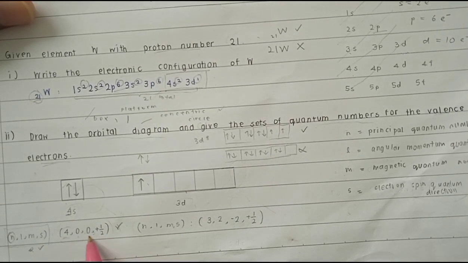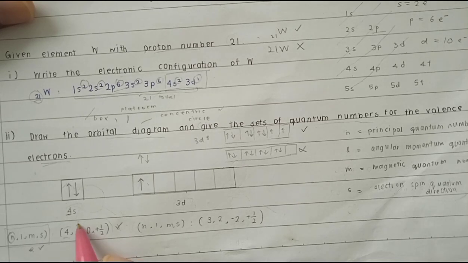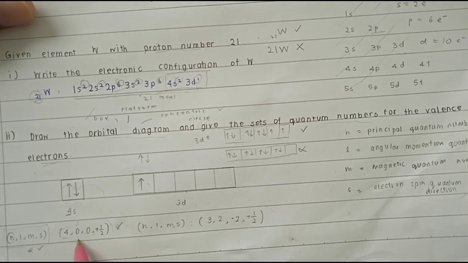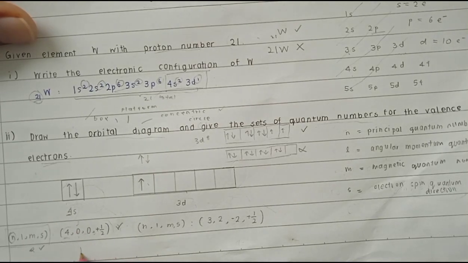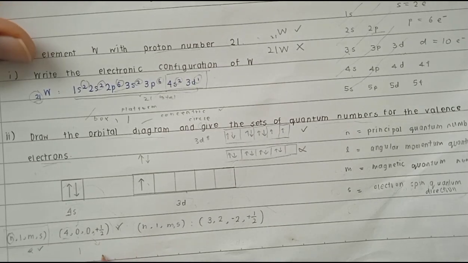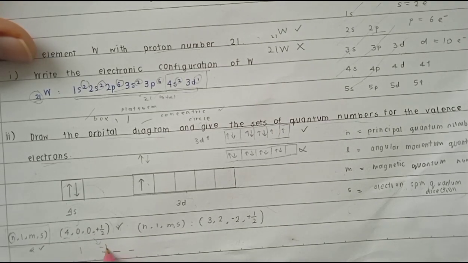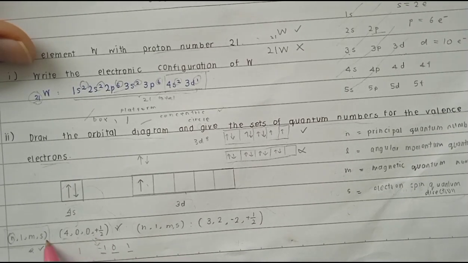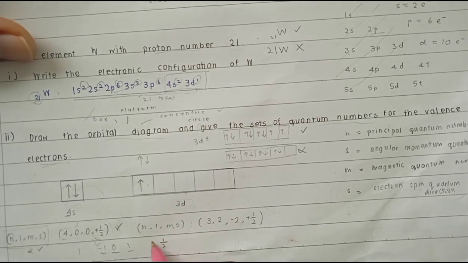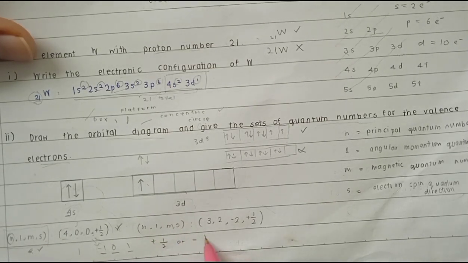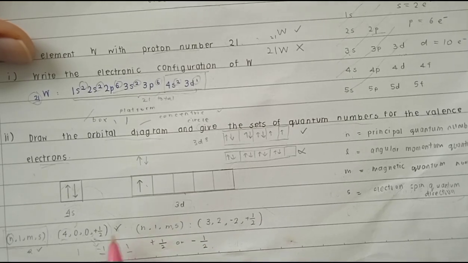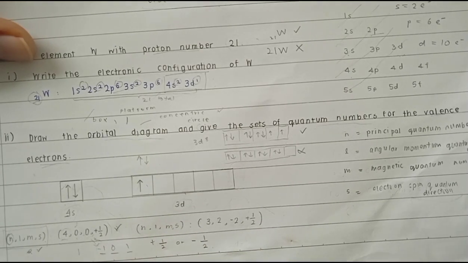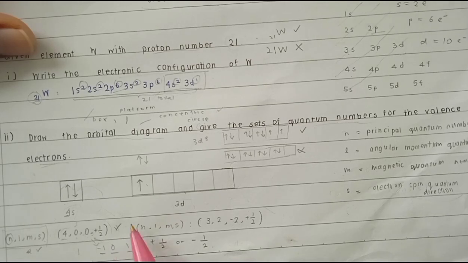For m, it depends on the value of l. Let's say if l is 1, then m will have 3 possible values, which are -1, 0 and 1. You can write any of these. The spin quantum number will only have 2 possibilities, which is +1/2 or -1/2. Here I choose to write +1/2, which is correct.